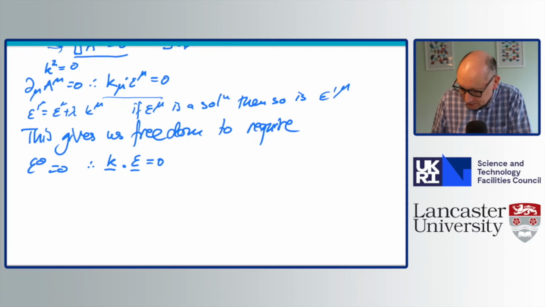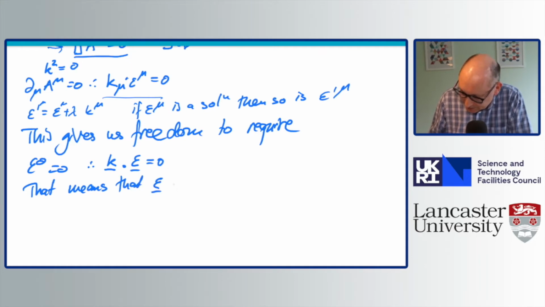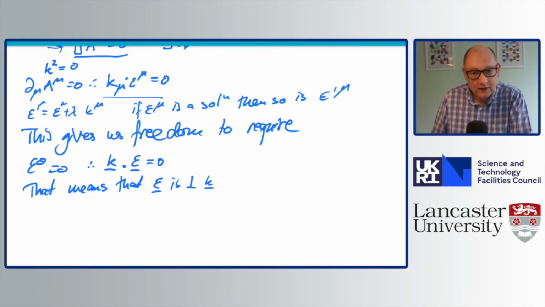So that means that epsilon is perpendicular to k. So therefore the polarization vectors are orthogonal to the direction of travel, and they're called transverse polarizations.